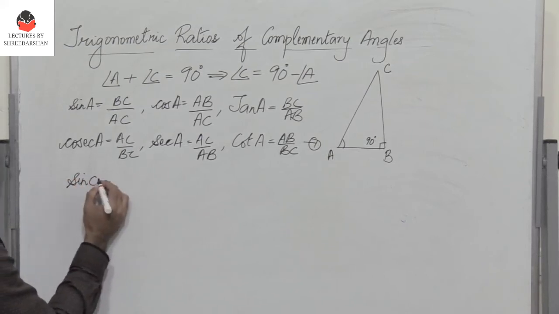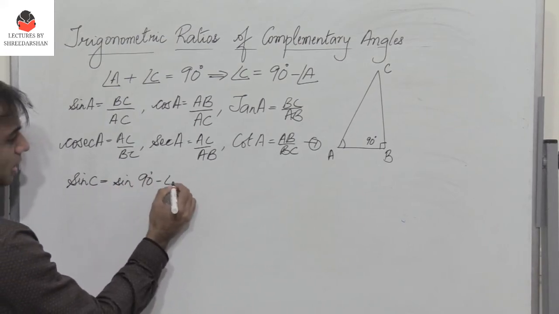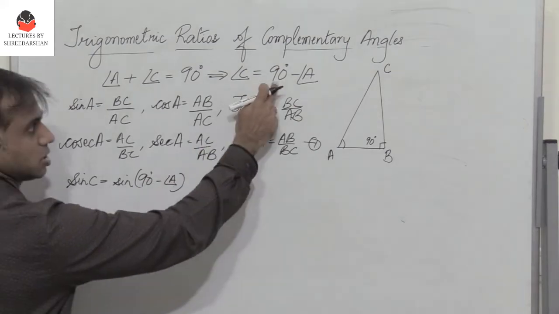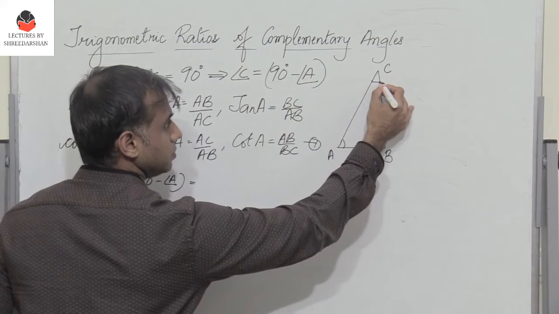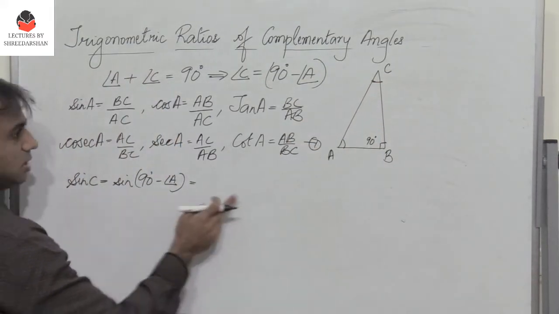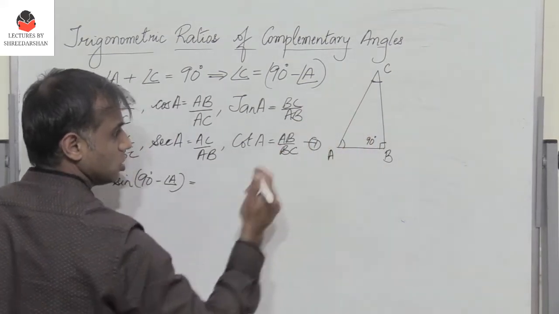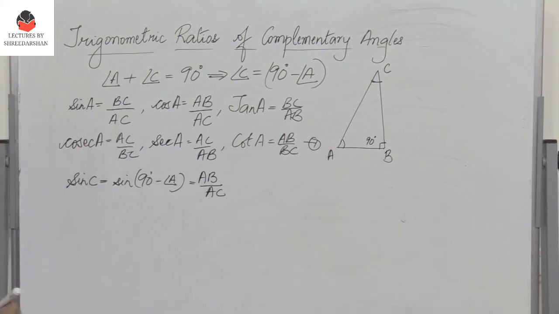Now sine C is nothing but sine of 90 minus angle A from this relation, because C is 90 minus angle A. Now with respect to angle C, what is sine C? Sine C is opposite side by hypotenuse, which is AB by AC. Right? So sine C is AB by AC.